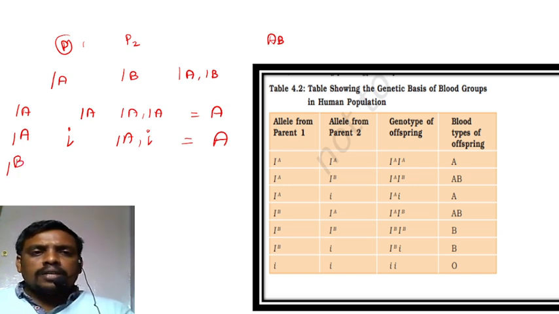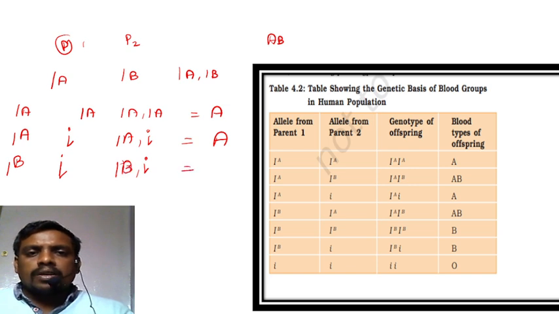IB allele from parent 1 and small i from parent 2, the genotype will be IB i, which results in B group blood.